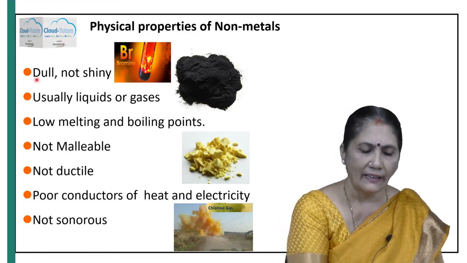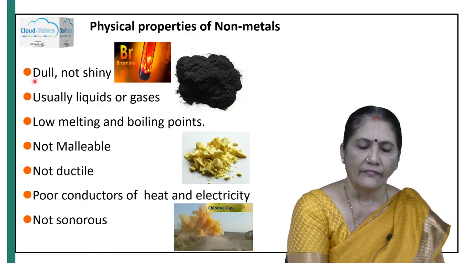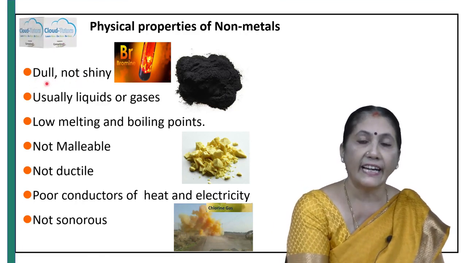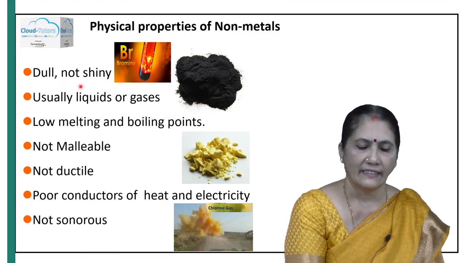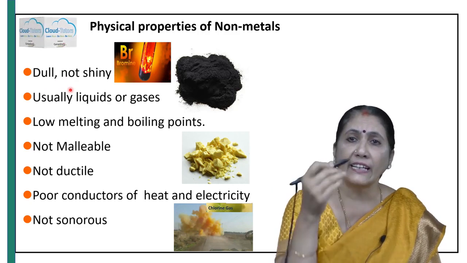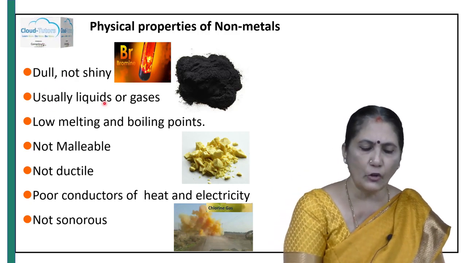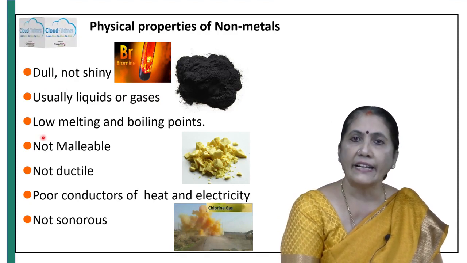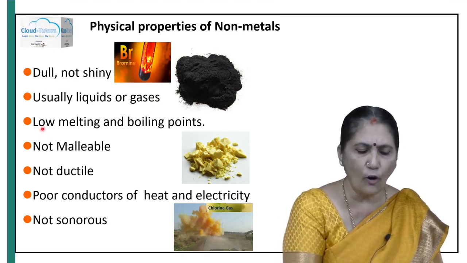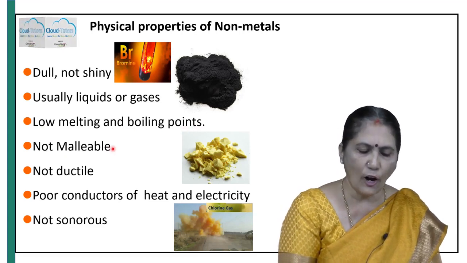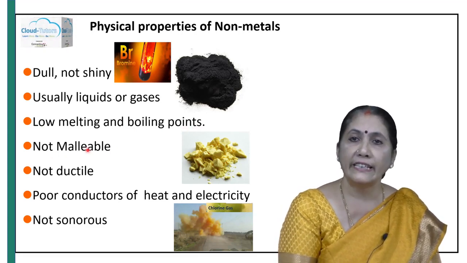They are, the first point is, non-metals have a dull appearance. They are not shiny. They are non-lustrous. They are usually liquids or gases. They are characterized by having low melting and boiling points. They cannot be made into thin sheets.